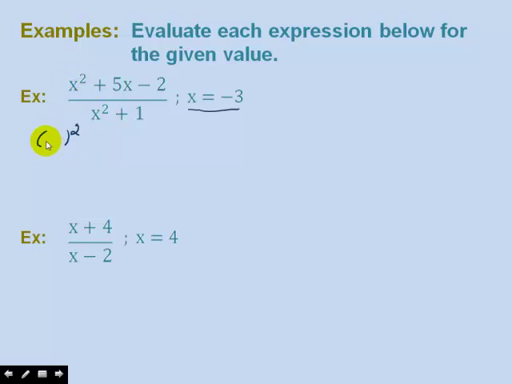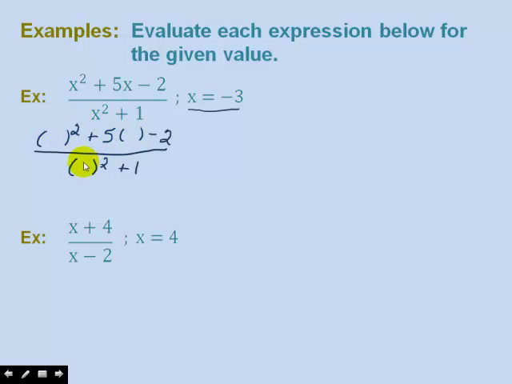So instead of x squared, I've got a parentheses with an exponent of 2. Then I have 5 times x, so I'm putting a parentheses there. And in the denominator, again, we have an x squared, so I have a parentheses with an exponent of 2 and then a plus 1.